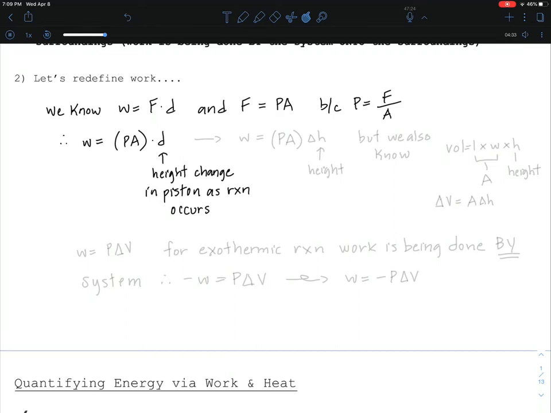So in other words, we can rewrite this as the work is going to be equal to the pressure times that cross-sectional area times delta H. And this right here is that height.